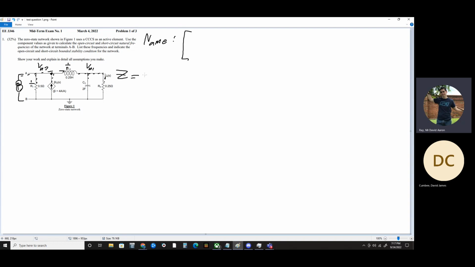Okay, so for the impedance world, your resistances are going to be R, your capacitances are going to be 1 over SC, and your inductances are going to be SL. But whenever you flip it, 1 over Z, that's going to equal your conductances, which is going to be 1 over R, which is equal to G. Your capacitances, which is 1 over 1 over SC, just turns into SC, and then 1 over SL.